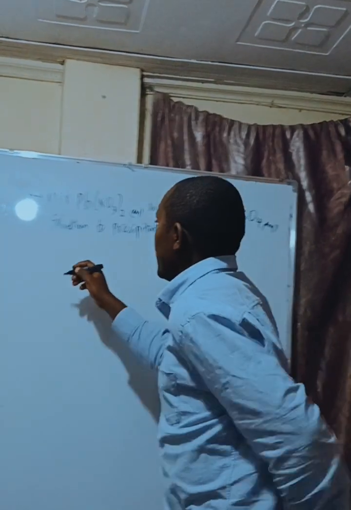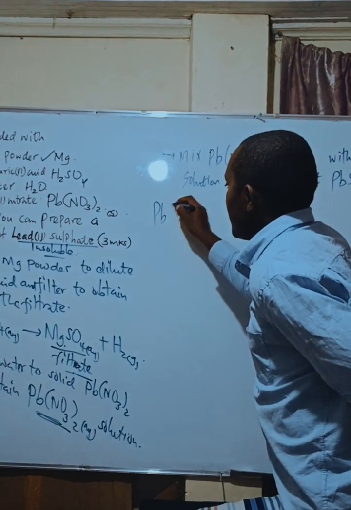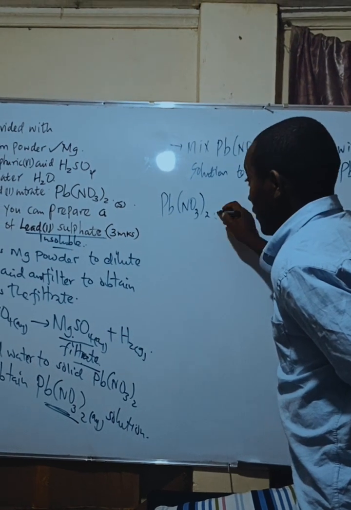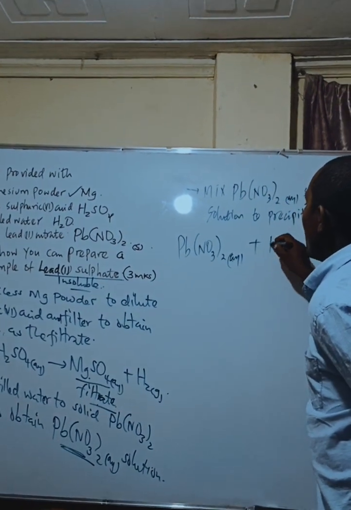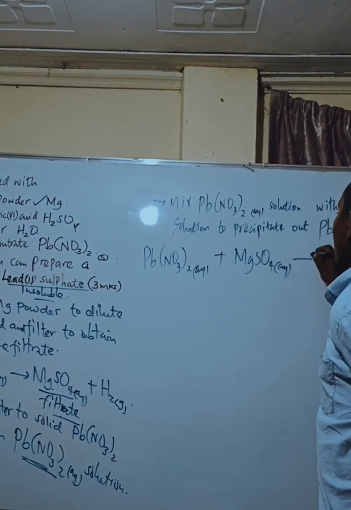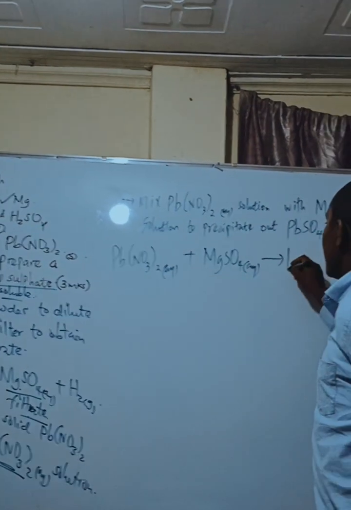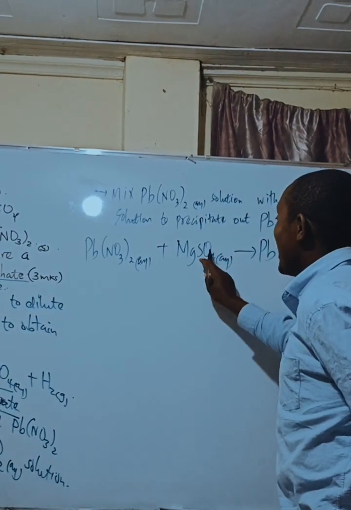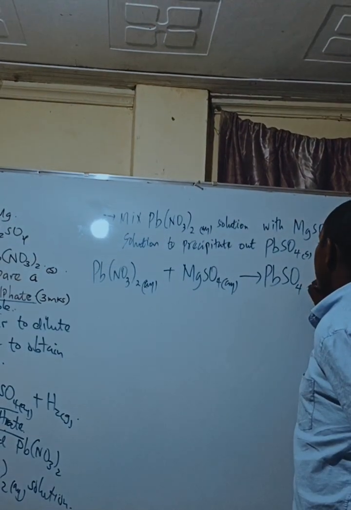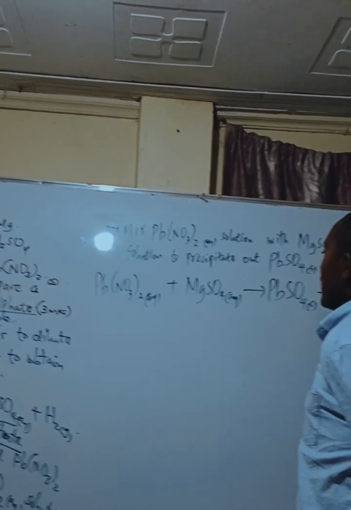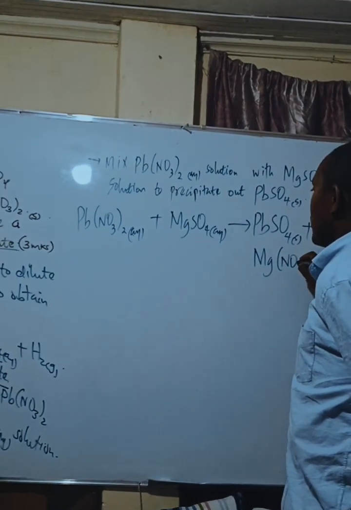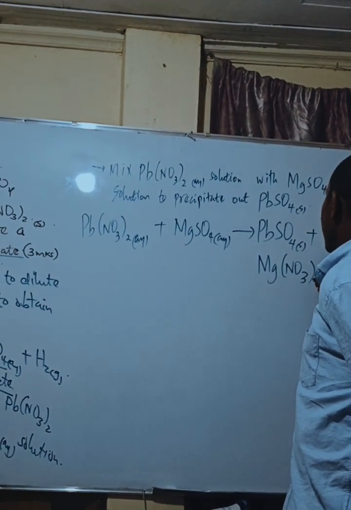The lead nitrate that was in solid state, we dissolved in water. We mix it with the magnesium sulfate that we prepared to precipitate out lead sulfate, because they exchange ions. Sulfate ions will go with lead to give us lead sulfate, which is a solid, plus magnesium nitrate. So magnesium will take the nitrate from lead.